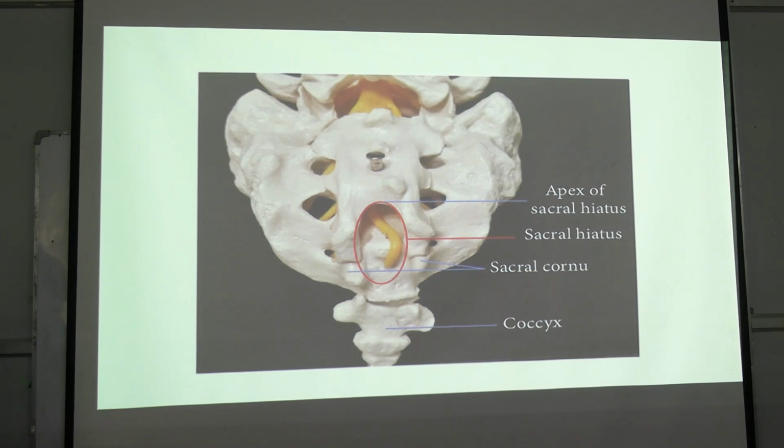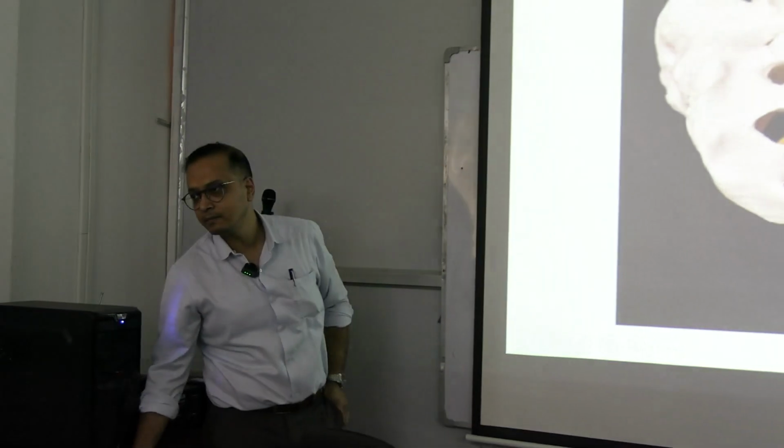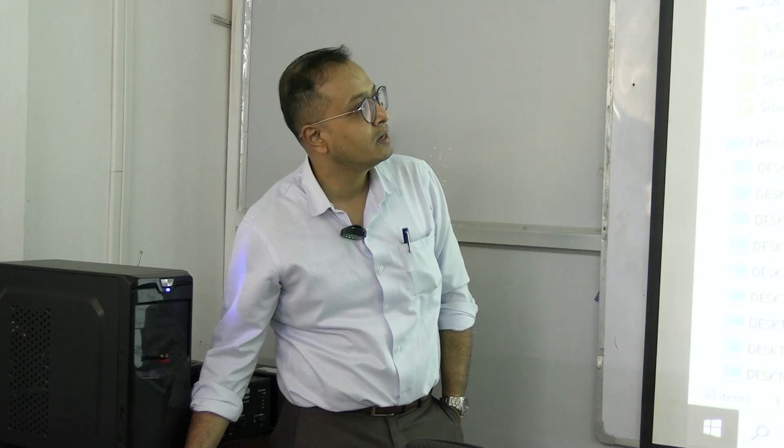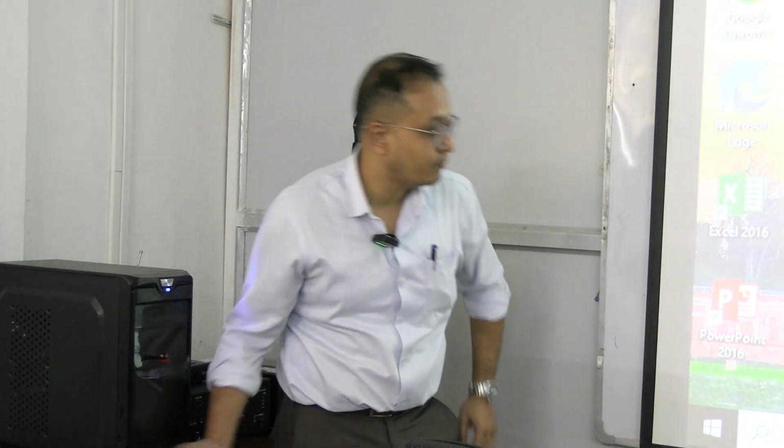The pia mater is covering here, the dura mater is covering here, and the remnant of the meninges exits through here. So what exits through the sacral foramina or sacral canal, we have to keep in mind whenever we are getting in here.